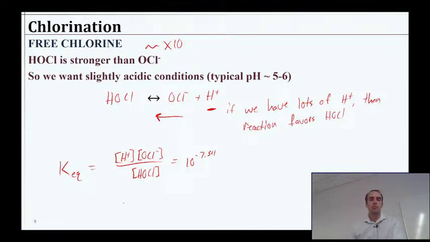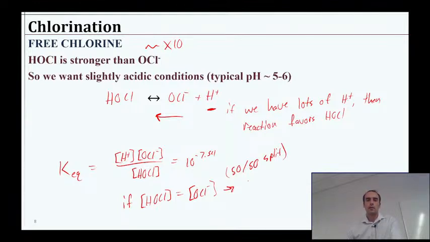So I'm just going to say if HOCl is equal to OCl minus, that's a 50-50 split, then the H plus is equal to 10 to the negative 7.54, and pH, remember, is the negative log of H plus in this case. pH then is 7.54.